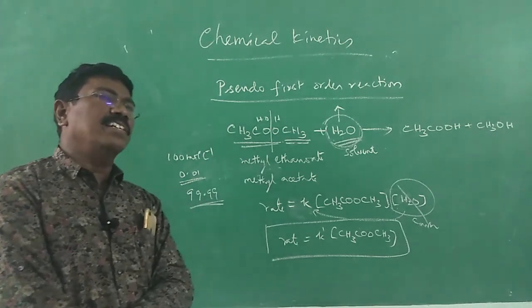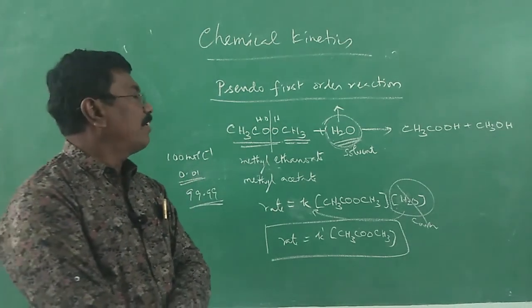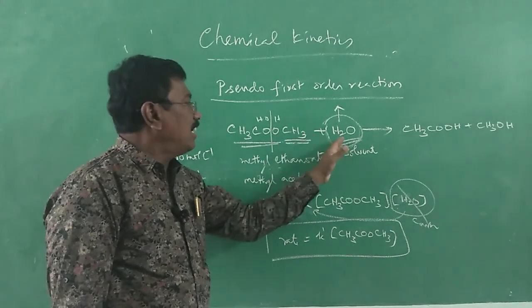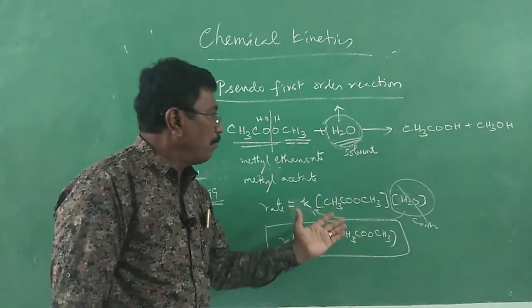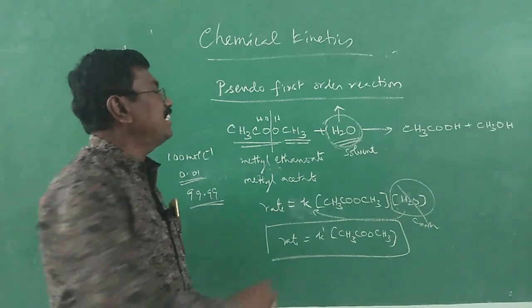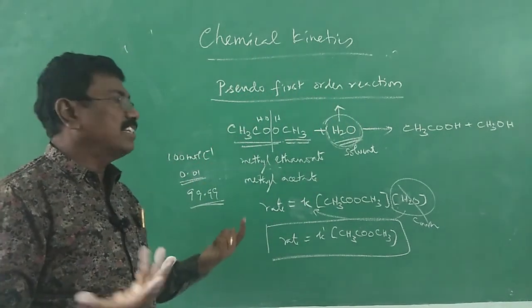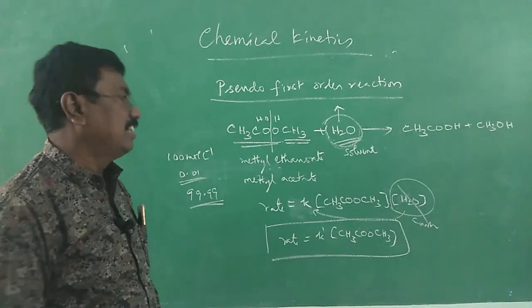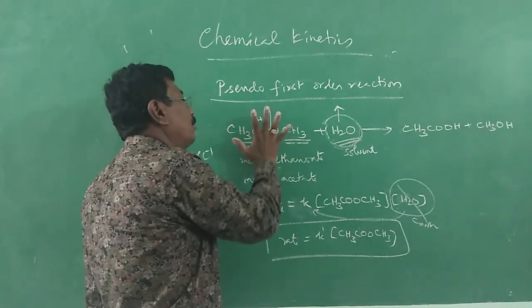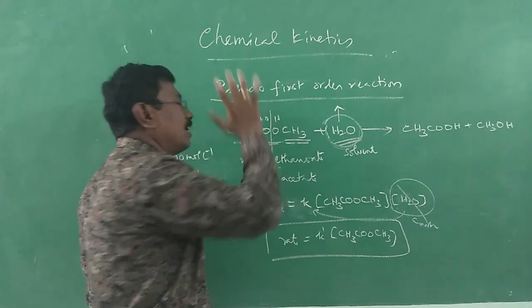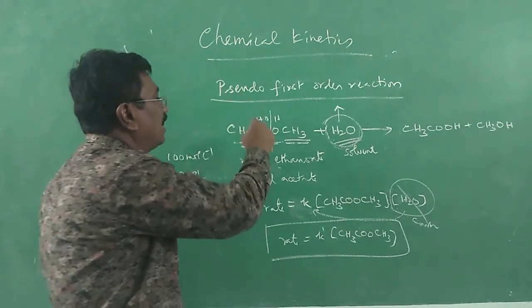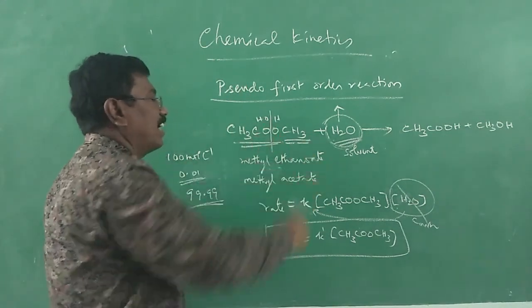So for higher order reactions or second order reactions, if one of the reactants becomes larger, the change in its concentration becomes negligible. When there is no change in concentration, we consider it as a constant. And therefore the rate begins to depend only on the concentration of a particular component, and that is the deciding factor for the rate of the reaction.